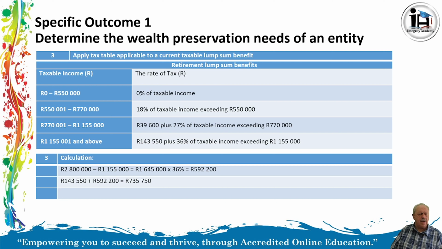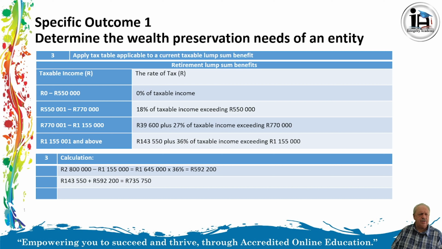Then the next scale is from 550 to 770,000, which they also increased from 700,000 to 770. So whatever exceeds 550,000 is then taxed at 18%. The next one is 770 to 1.155 million, and whatever exceeds 770,000 is then taxed at 27%.